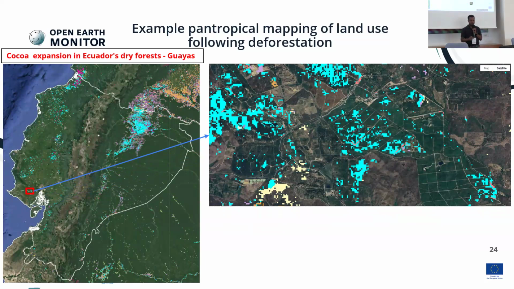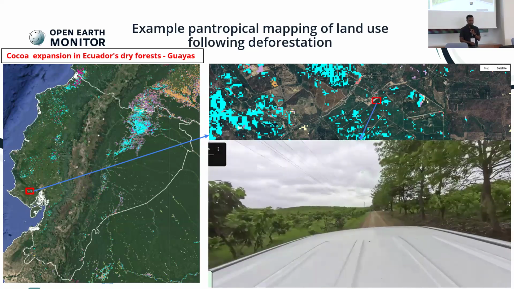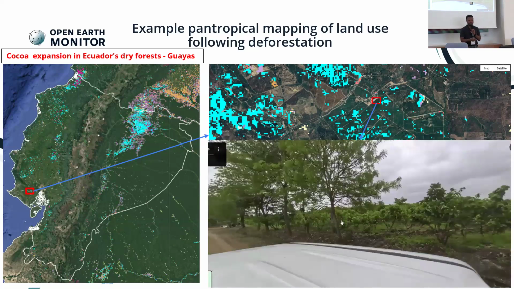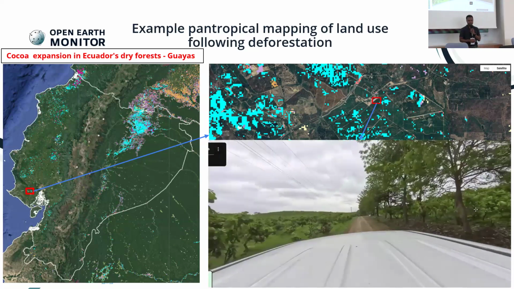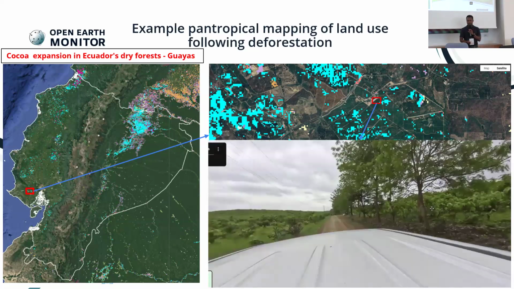That's why it's important to improve on that aspect. Otherwise we will be missing a lot of the impact of deforestation taking place in dry forests of different regions. And because these are not small scale but really large scale, you can really see what's happening, cocoa for example, taking place along these regions.